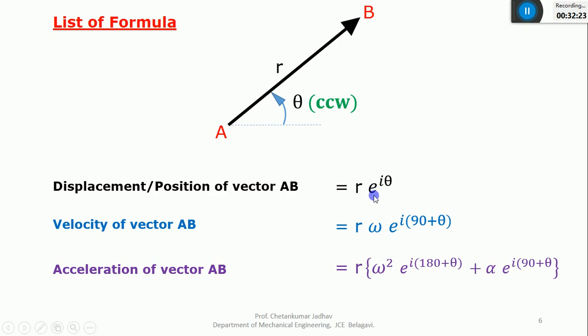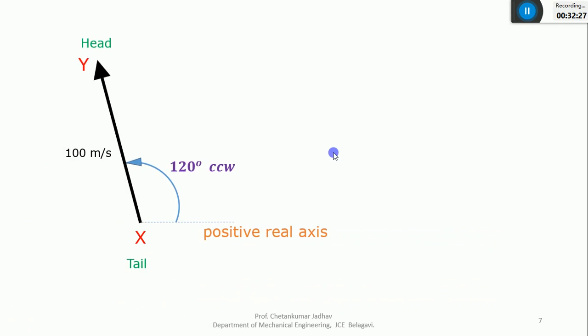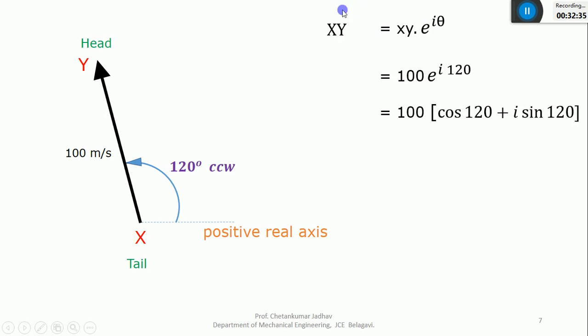And you know what is e raised to I theta? It is nothing but cos theta plus I sin theta. Correct? Anyone please write down what is the displacement of this vector? So the displacement of the vector xy is equal to r into e raised to I theta. R is nothing but the length of this vector, that is xy, which is 100.